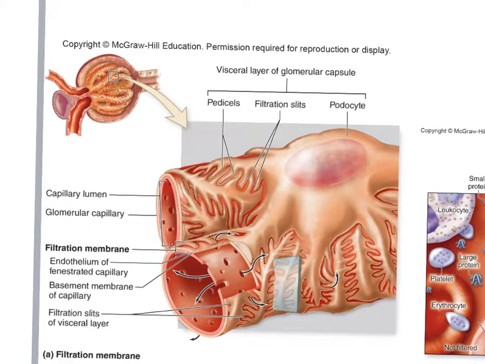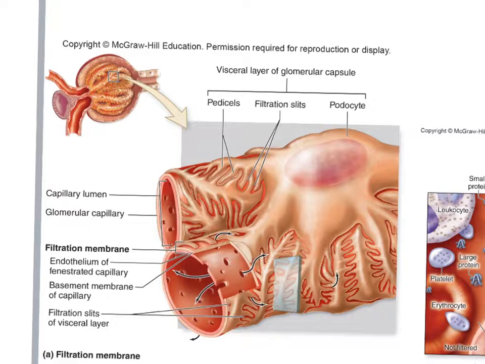So this is a podocyte, and the book describes it as an octopus-looking cell. It has these legs that extend out, and from those legs are little small feet, pedicels as they're called. And those pedicels interweave with other cellular pedicels, kind of like your fingers like this, and they form what's called filtration slits.